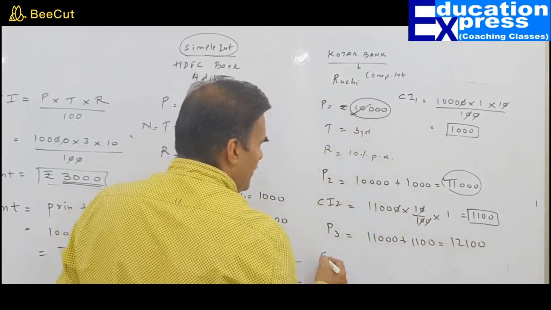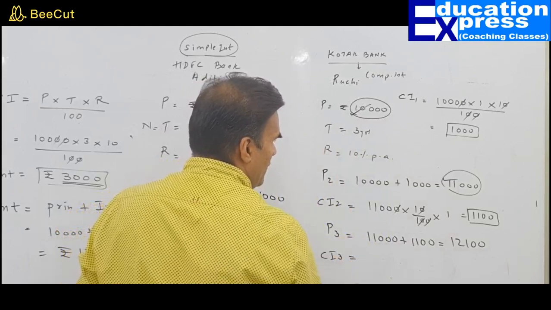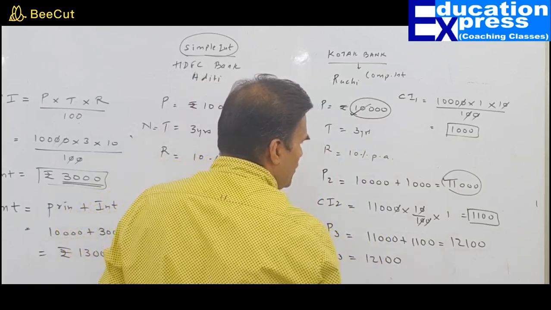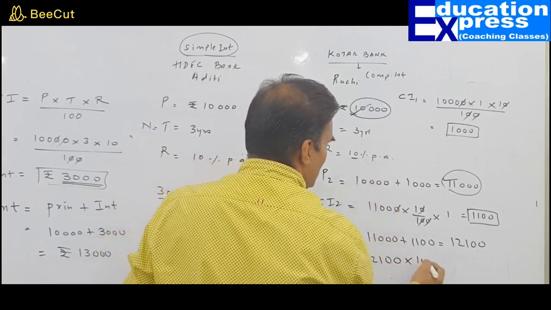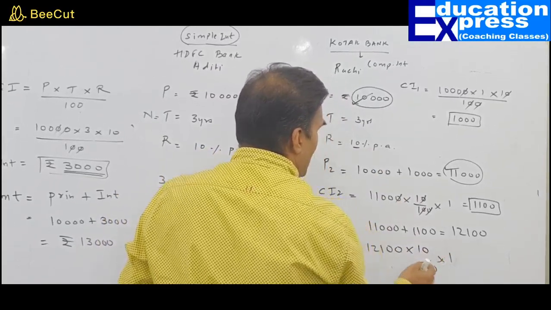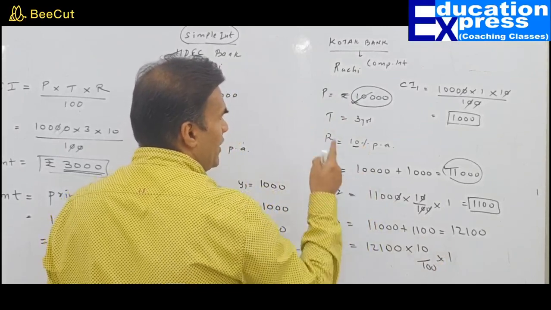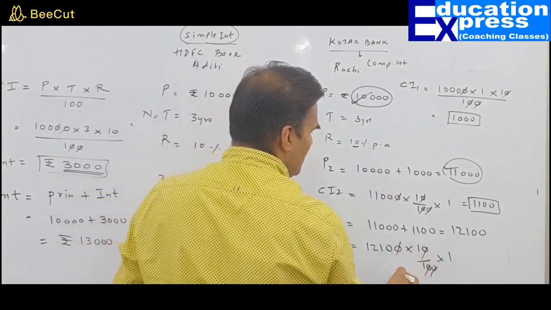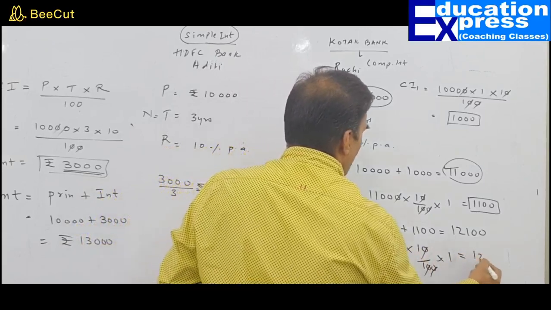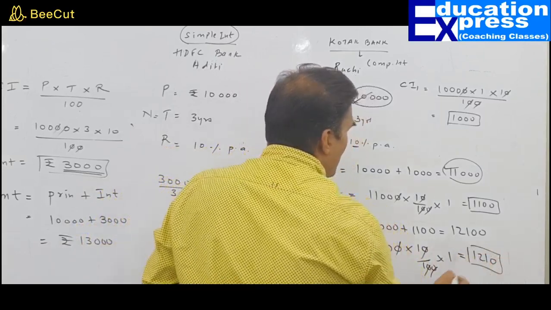Can you find the interest for the third year? Of course, sir. 12,100, that is this principal, into rate, that is 10%. Again 1 year, every time I'm going to take one year only. 1 year, 1 year, 1 year. So altogether 3 years.